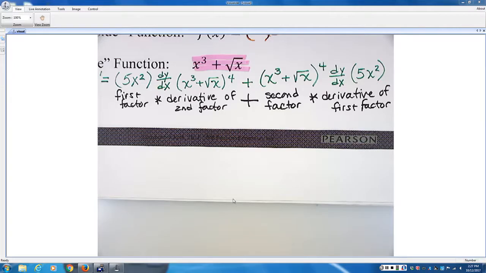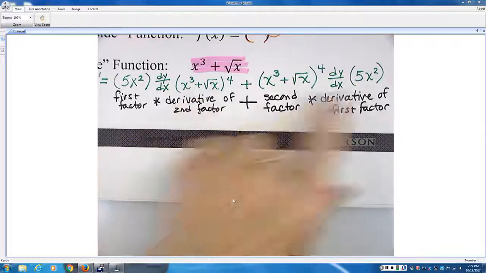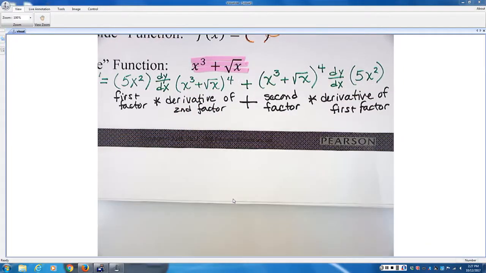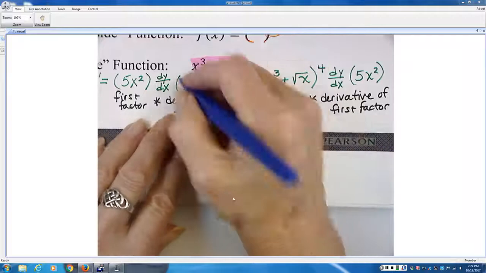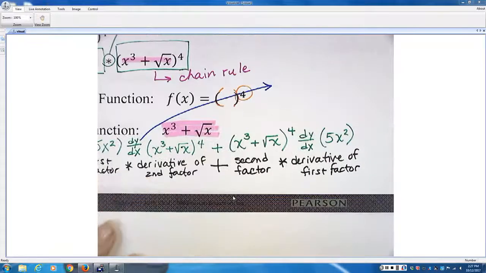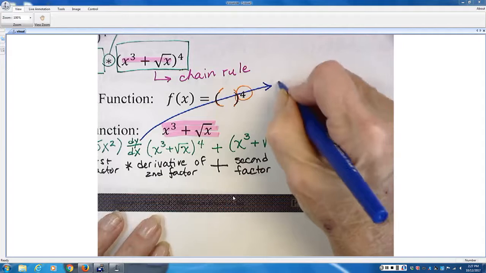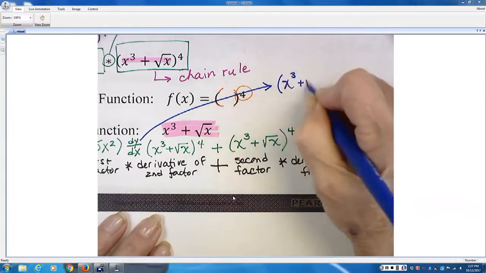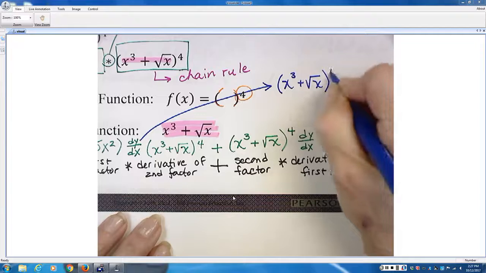So what we're going to do for the second part of this, before we try to go any further, is we need to take these 2 derivatives. Okay? So the derivative here is the derivative of x cubed plus the square root of x raised to the 4th power.